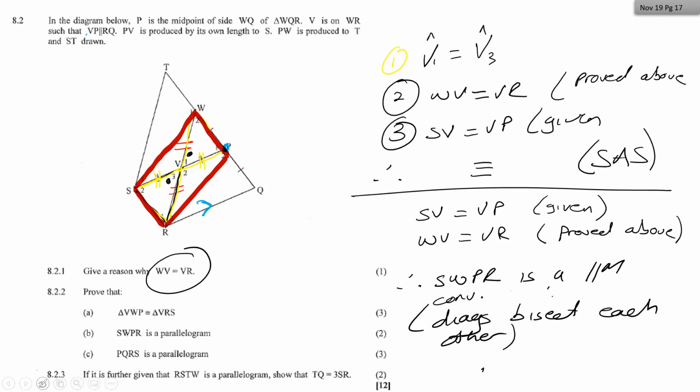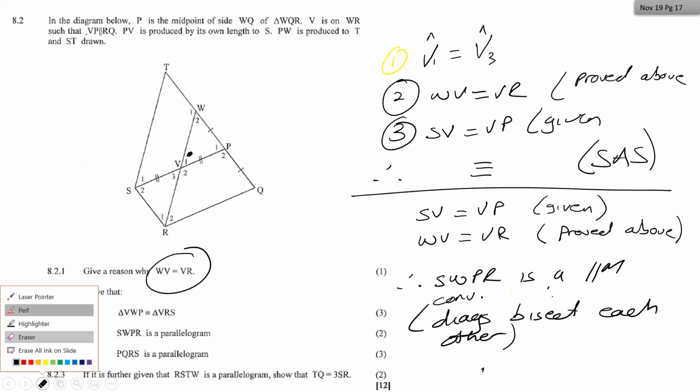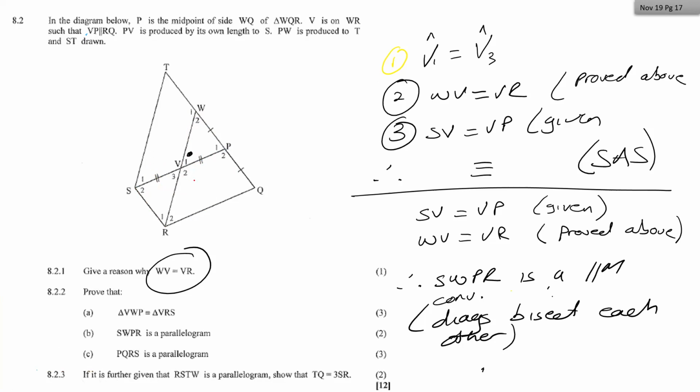So I just want to erase that. A lot happening in this diagram now. Clear it out a little for the next question. And the next question wants us to prove that PQRS is a parallelogram. Remember in the previous question, we proved that that was equal to that. Okay, let's just mark it like that. And we now know from the midpoint theorem that VP, okay, we actually didn't prove that.